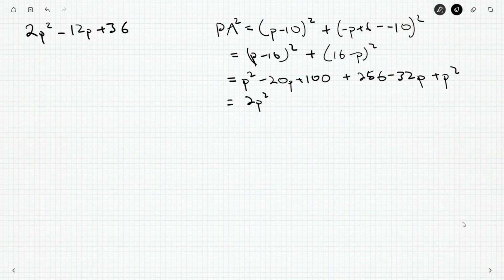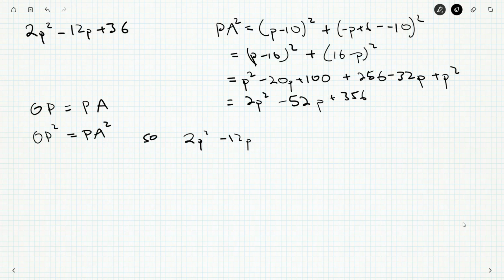So this is also 2P squared. Now we've got minus 52P plus 356. But OP being the same as PA, that means OP squared is going to be the same as PA squared. So 2P squared minus 12P plus 36 has got to be the same as 2P squared minus 52P plus 356.